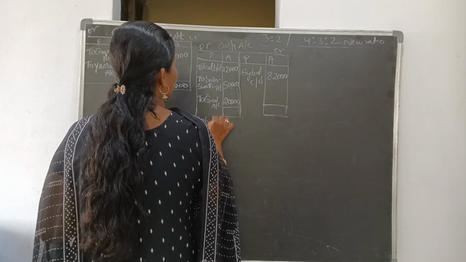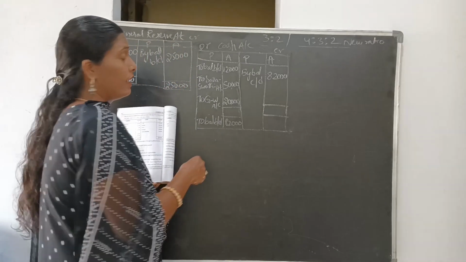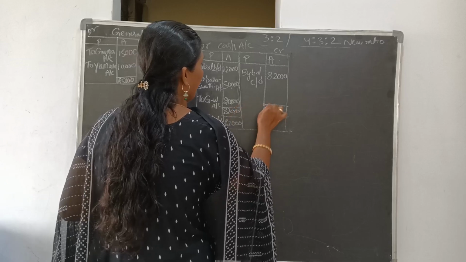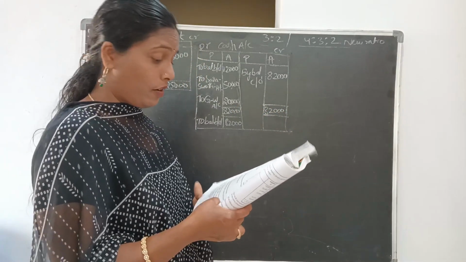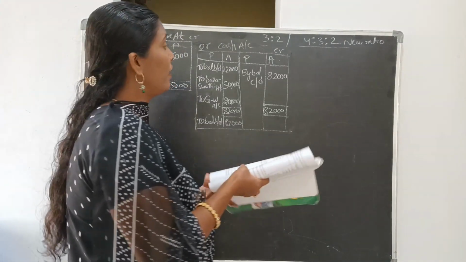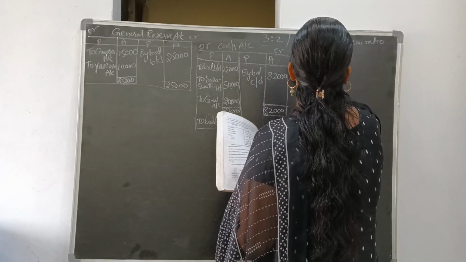So write down balance brought down 82,000. This we need to show on the asset side. So write down on both sides 82,000, 82,000. So we have finished with the cash account. Now we are going to prepare the goodwill account, then revaluation. So I am going to prepare the goodwill account here.